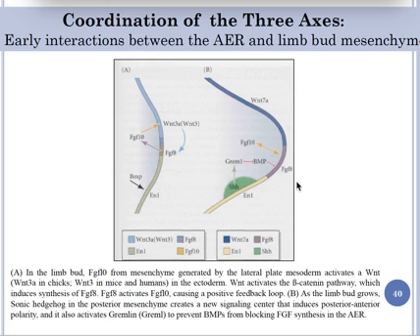So now I will talk about the coordination, or the early interaction, between the AER and the limb bud mesenchyme, and the specific interaction between the AER and the ZPA.